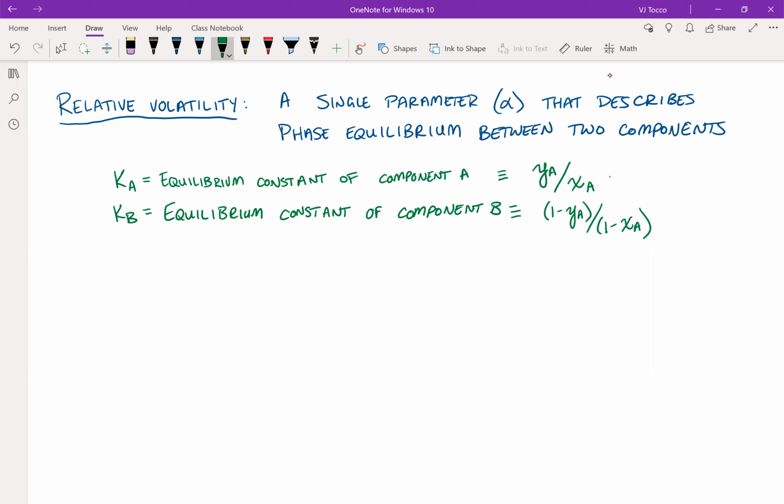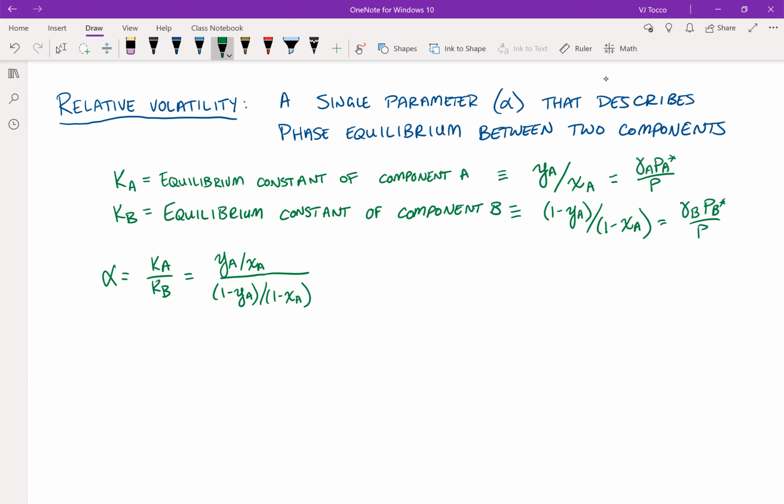So by Raoult's law, you could also say that these equilibrium constants are equal to gamma A P star A divided by total system pressure, and the equilibrium constant of component B is gamma B PB star over P. Alpha, then, the relative volatility, is the ratio of these two equilibrium constants, Ka divided by Kb, or alternatively, Ya over Xa over 1 minus Ya over 1 minus Xa.